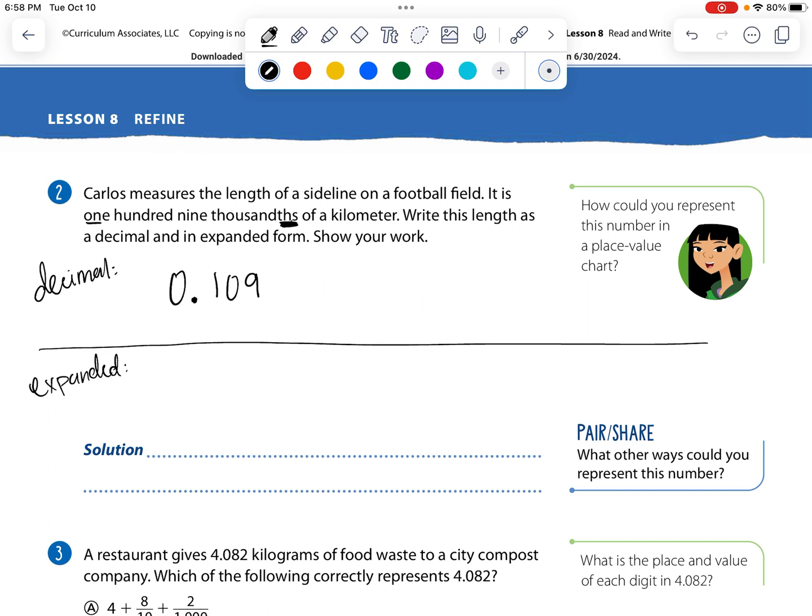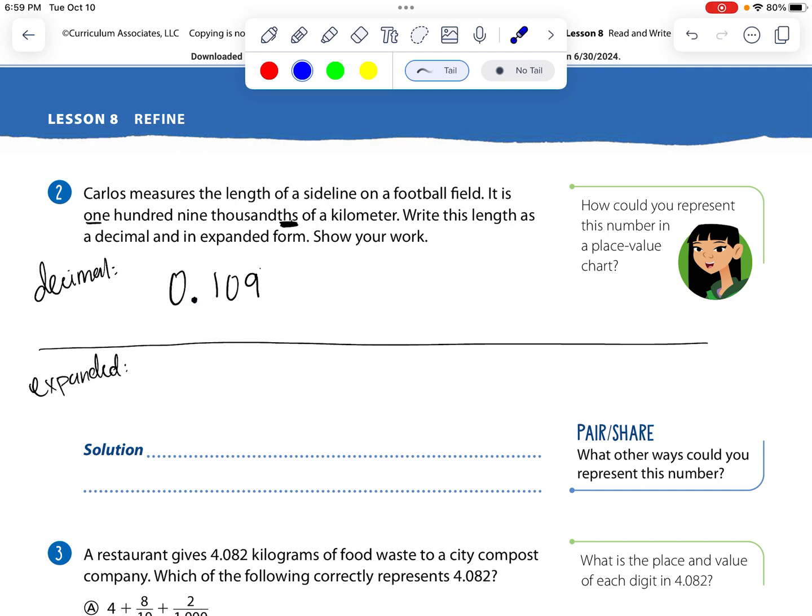But read this as 109. And then you add this last place value on it, which is thousandths. So if you don't look at any of this and you just read it as the number, it's 109, and then take this into account and this, thousandths.